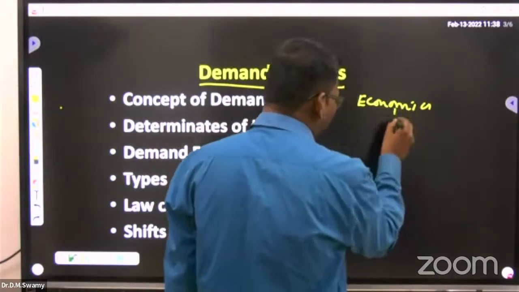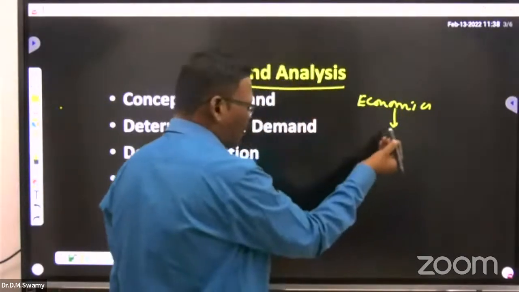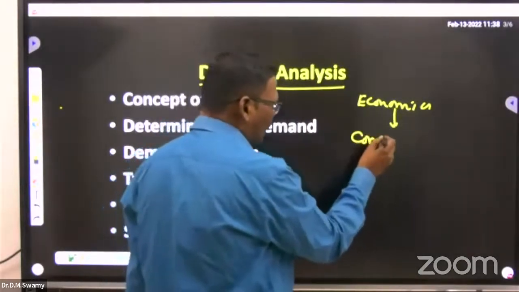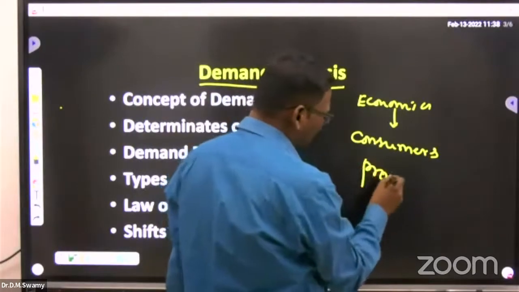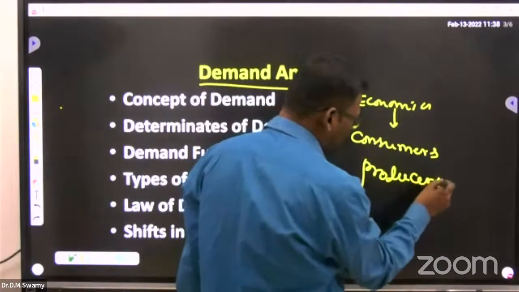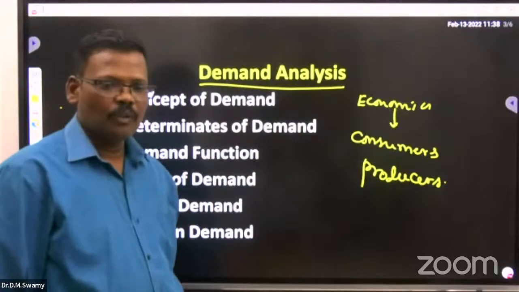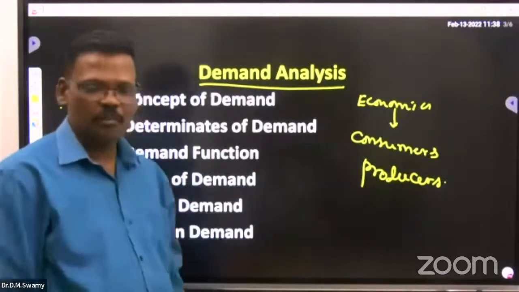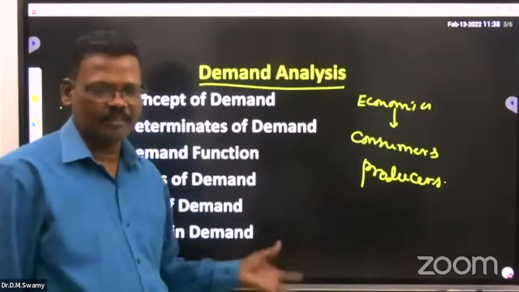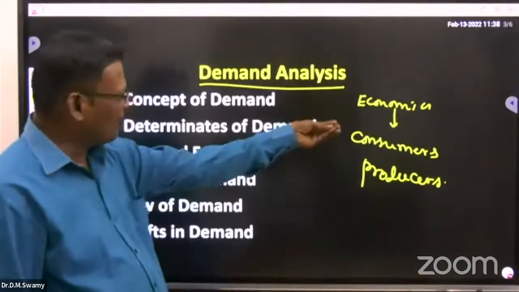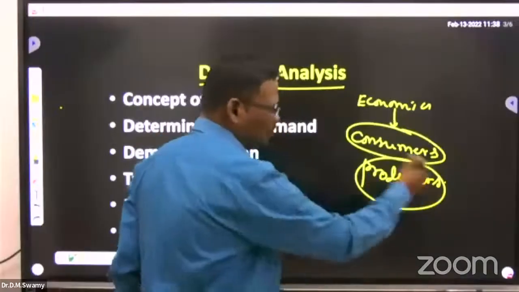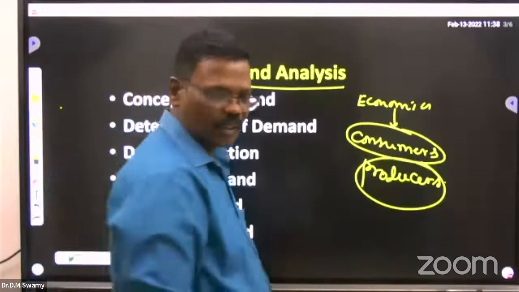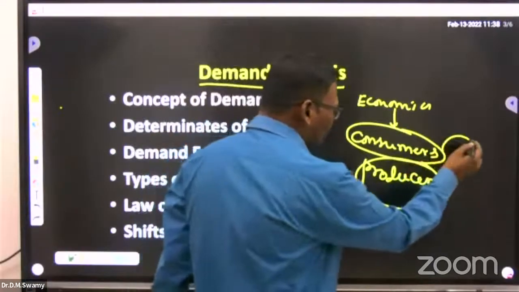According to economics, the total people are divided into consumers and, second, producers. These are the two categories into which we divide economics.